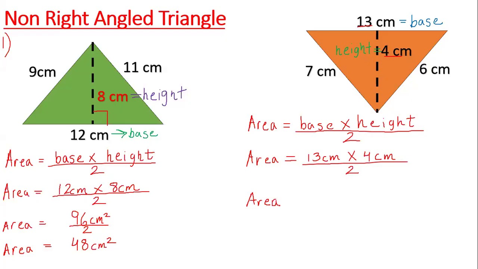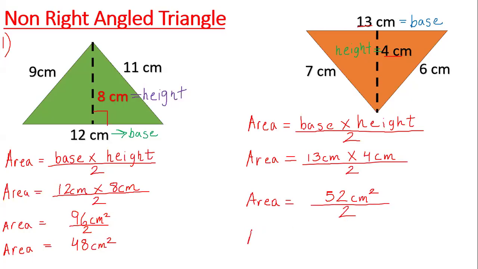So the area is going to be equal to, we know that 13 times 4, what y'all get? 52. 52, good. We're going to put as our units centimeters squared, very good. Divided by what? 2. Divided by 2, very good.